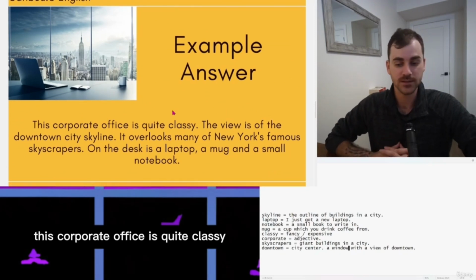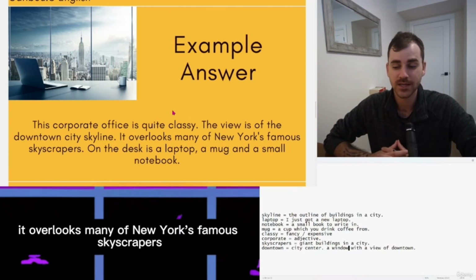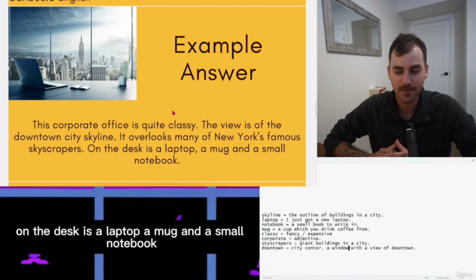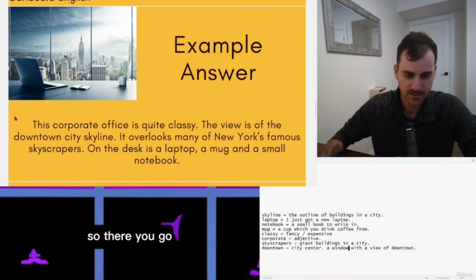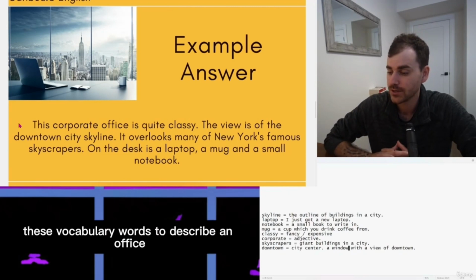This corporate office is quite classy. The view is of the downtown city skyline. It overlooks many of New York's famous skyscrapers. On the desk is a laptop, a mug, and a small notebook. So there you go. That's how you can use these vocabulary words to describe an office.